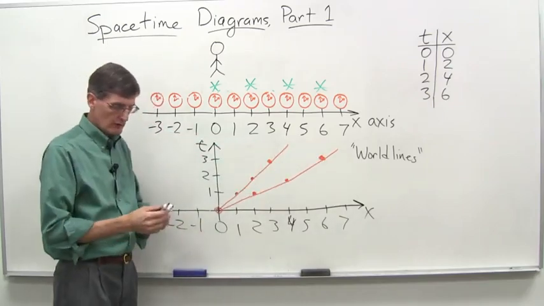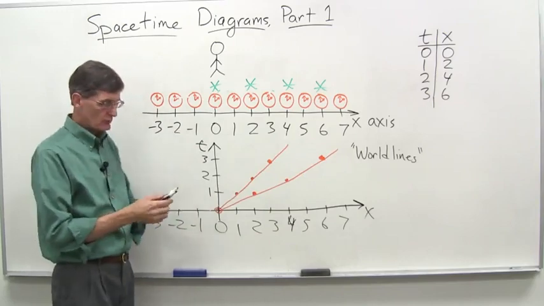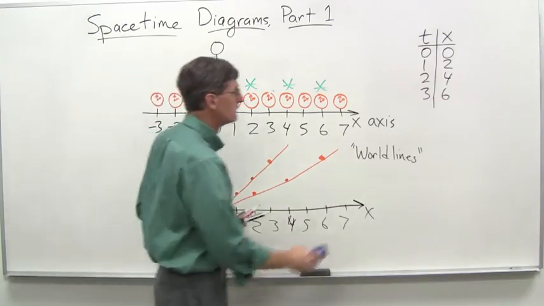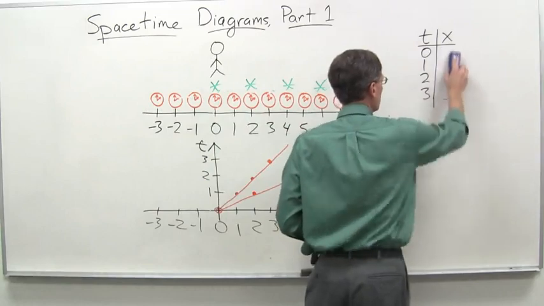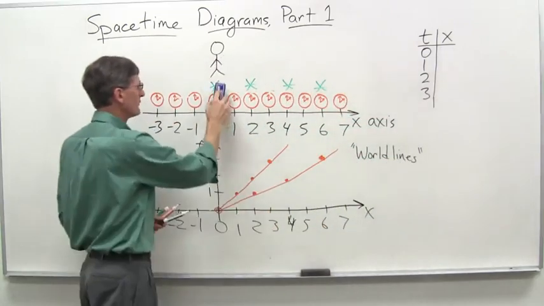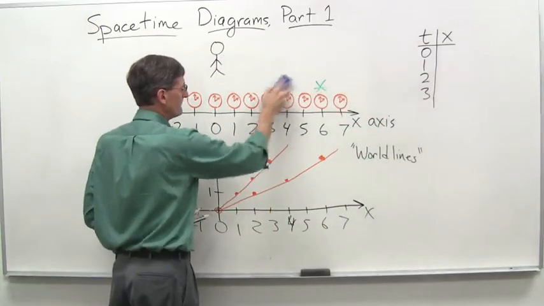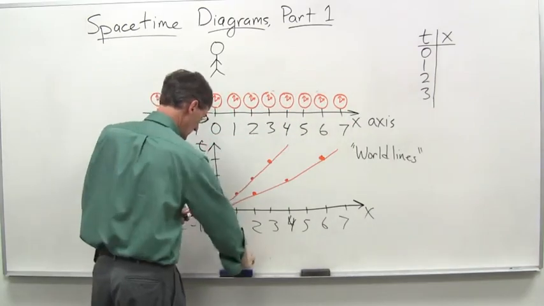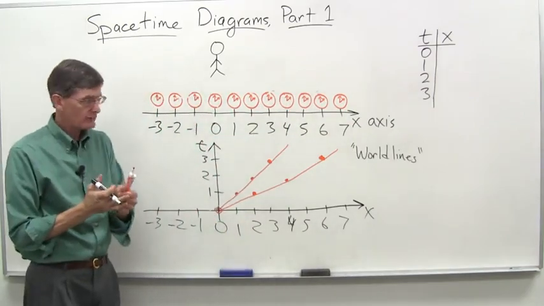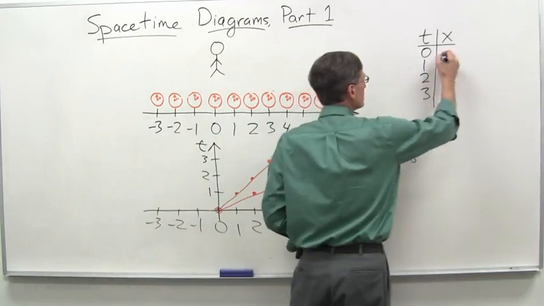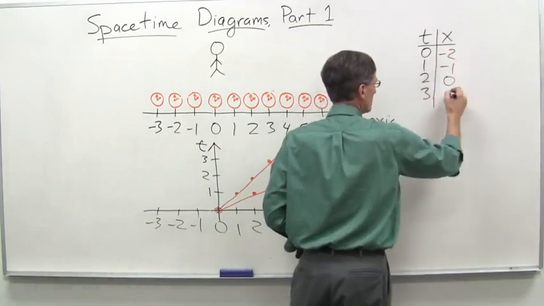Okay, so there's another example. Let's do another one here. We're just essentially changing where the flashes are occurring each time. So for this one, let's do, say, -2, -1, 0, 1.